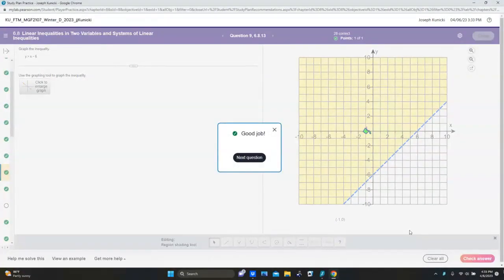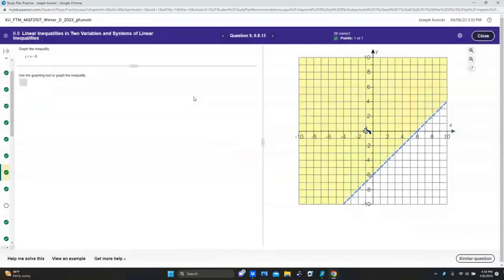So there were 2 things to recognize here. One is that it's a dotted line or a dashed line because of the exclusion symbol. The other is that we got a true statement when we use the origin as the test point. You can use any point that's not on the line. It's just the origin is very handy. It's very useful. It's easy because the algebra involved is simple. You're not really multiplying times a coefficient when you plug in a number for the variable.